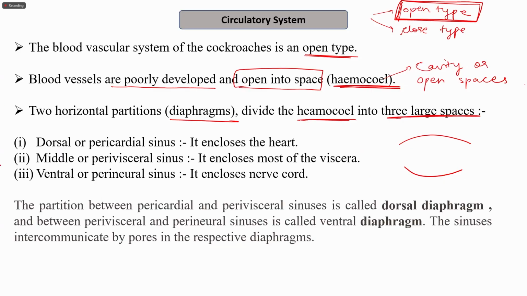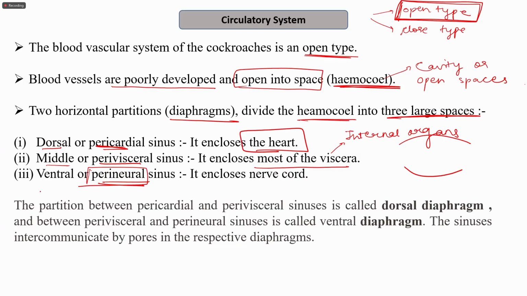The first one is the dorsal or pericardial sinus that encloses the heart. The second one is the middle or perivisceral sinus that encloses most of the viscera. Viscera are the internal organs, right? And third one is the ventral or perineural sinus.